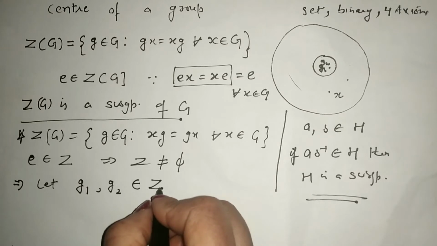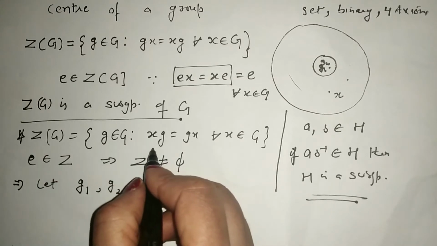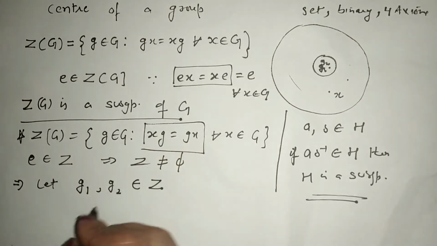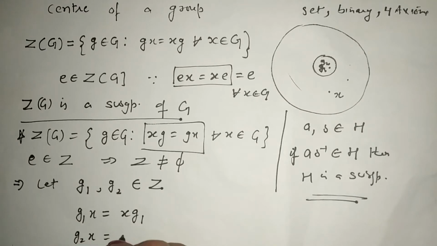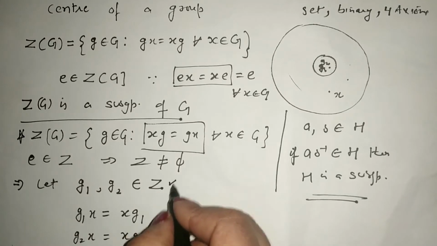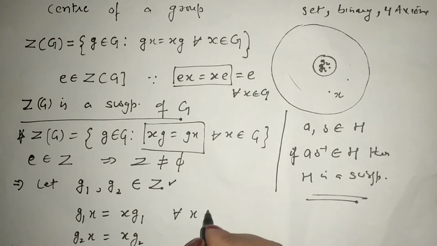Because these two are elements of Z, they must satisfy this property. That means g1 will commute with x and g2 will also commute with x. Being elements of Z, they must commute with x for all x.